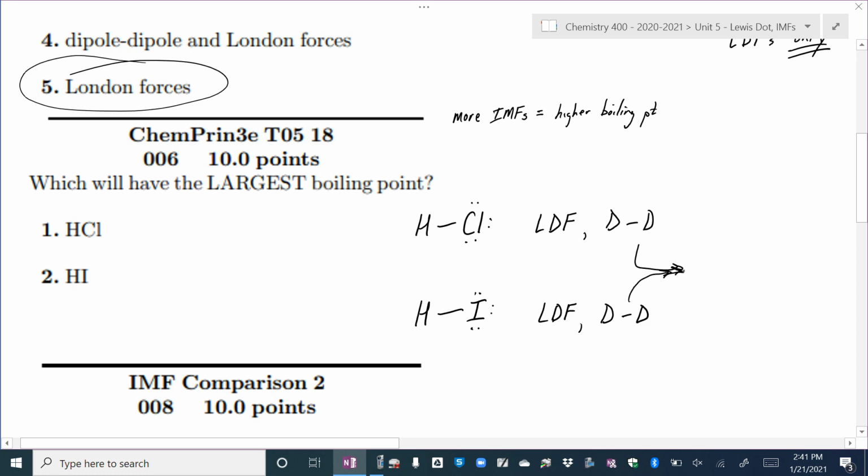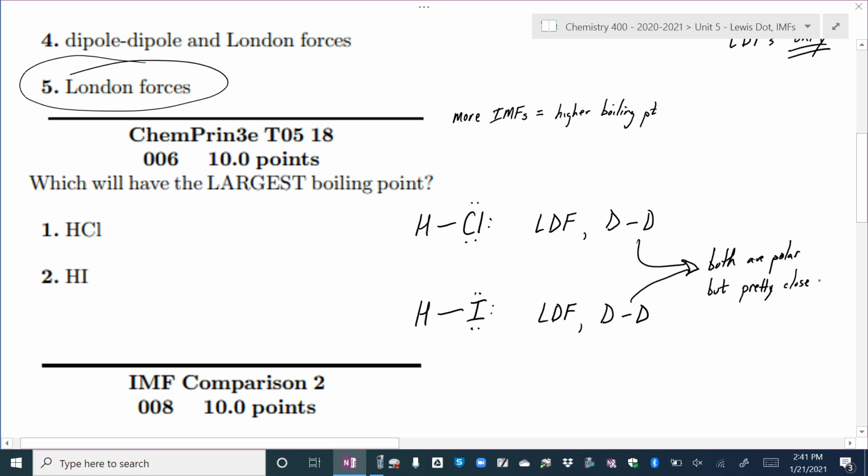So the polarity here is fairly close. That's an ugly arrow. So both are polar, but pretty close in terms of their polarity.